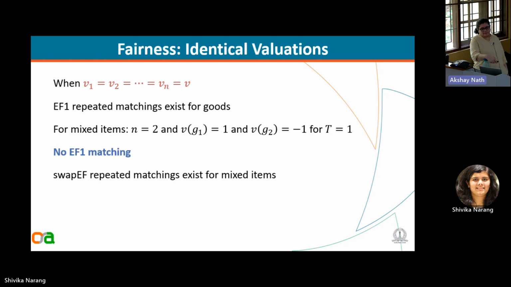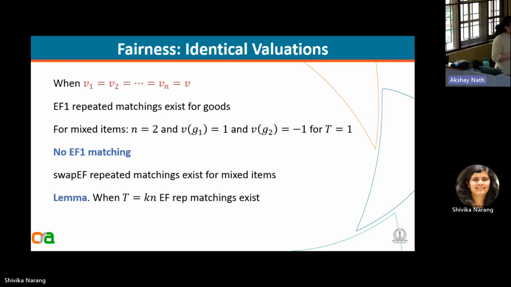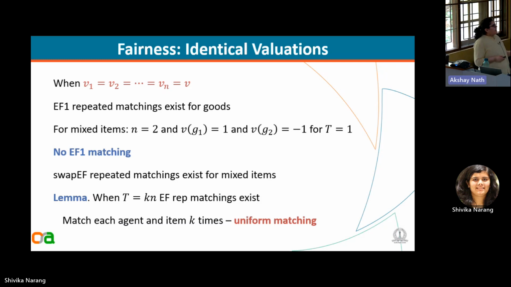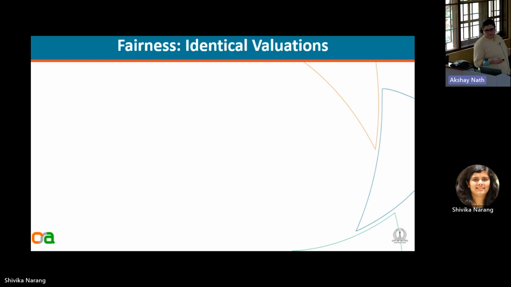And so we have proposed swap EF, which does exist for mixed items and identical valuations. And we use this idea of a uniform matching. So if the number of rounds was a multiple of the number of agents, I could just give each agent each item k times and be envy-free, because everyone basically gets the same thing. And so what we do is we do that and then do an additional round of round robin.